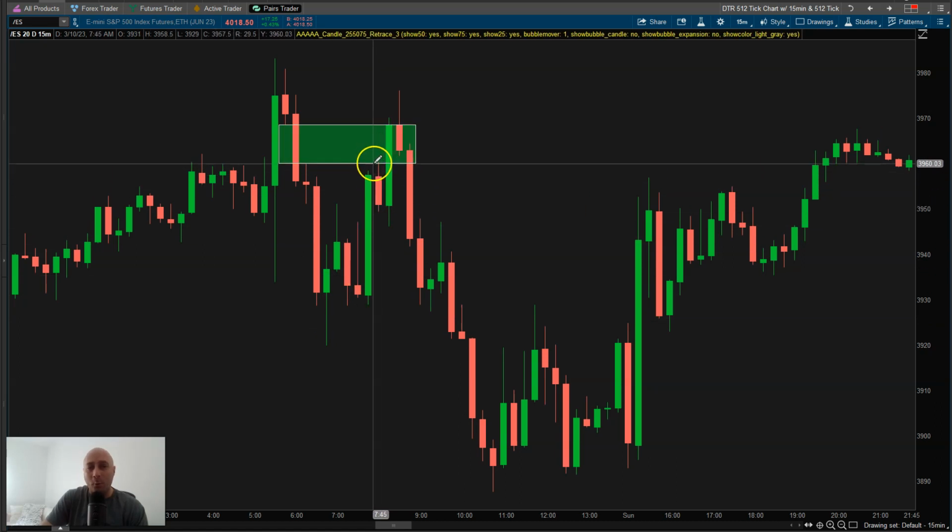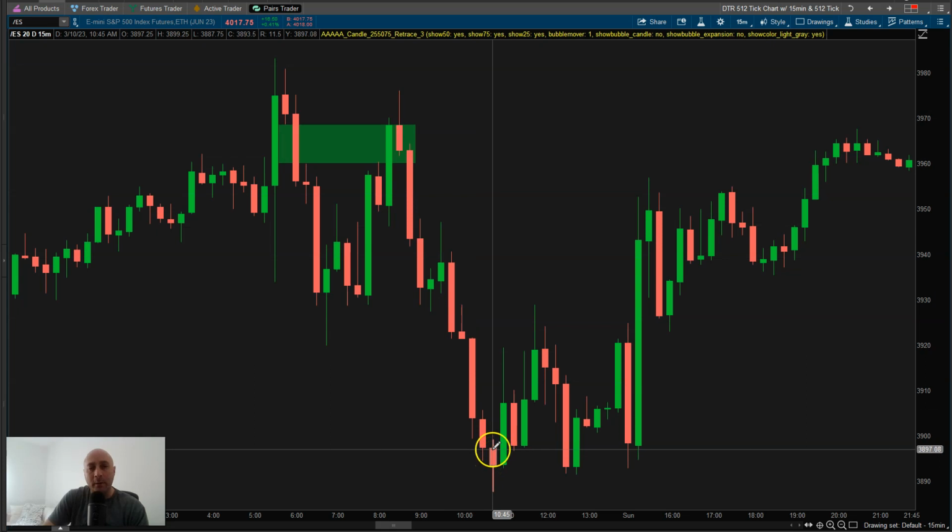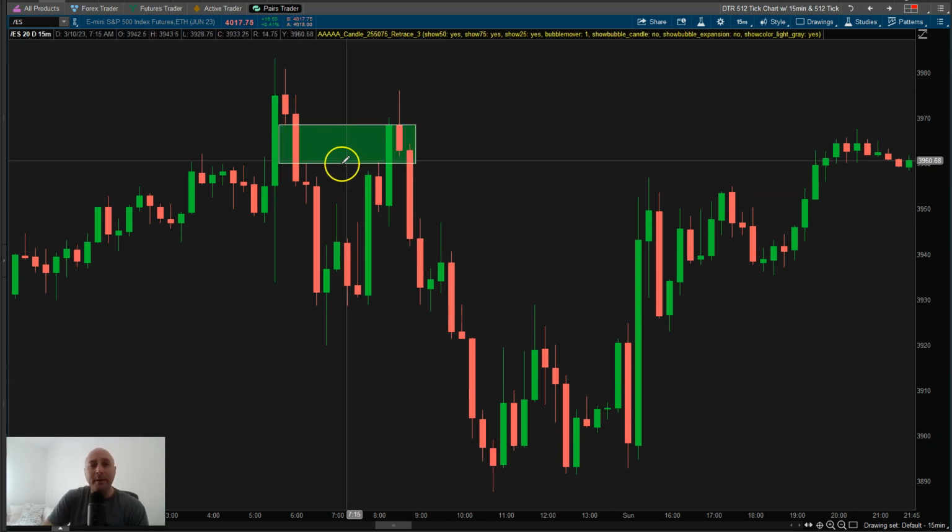It rallies right back to it and then pulls back. How do I know? Because it's a red candle. So we touched it and then we pulled back, and then the next candle kind of shot through, went to the upper range of it, and then reversed and continued lower. Okay, that's one fair value gap.